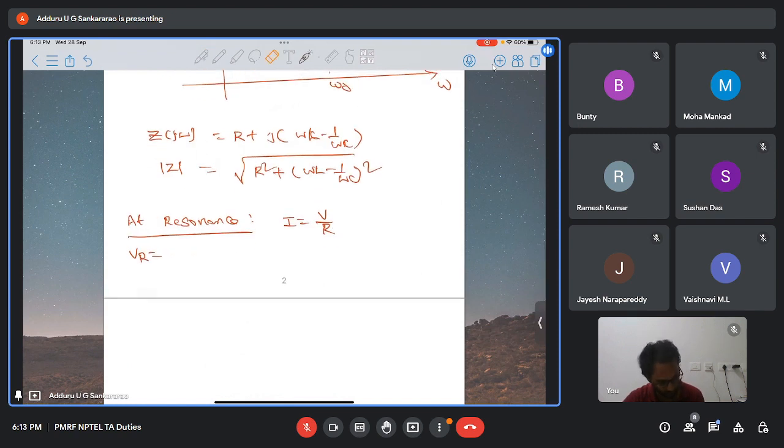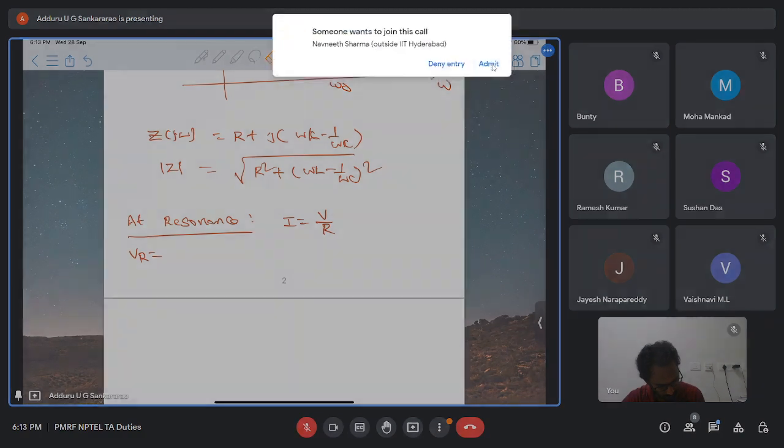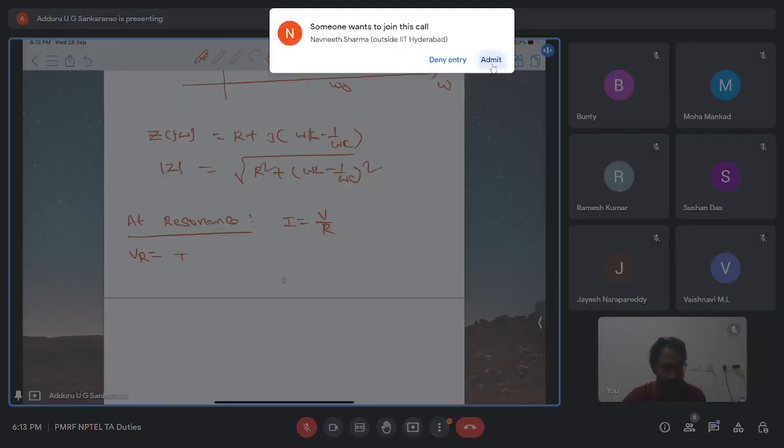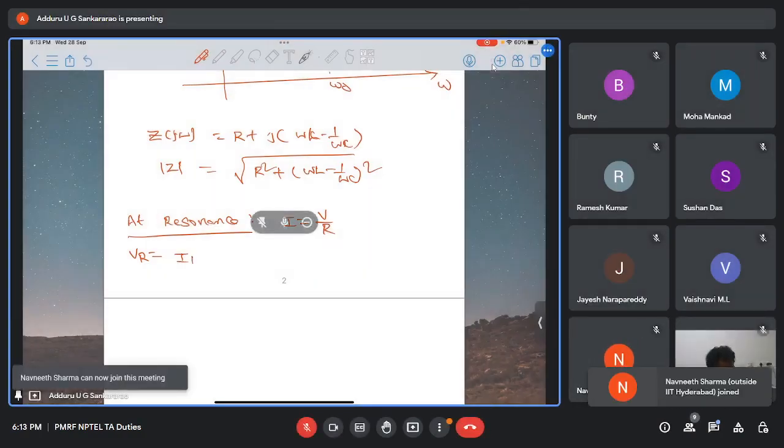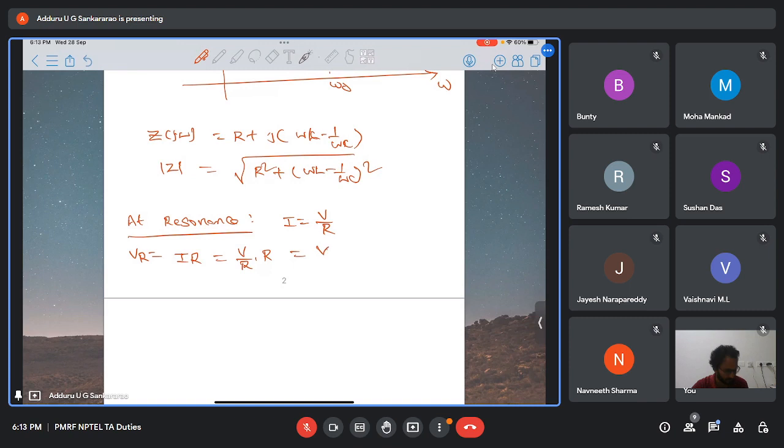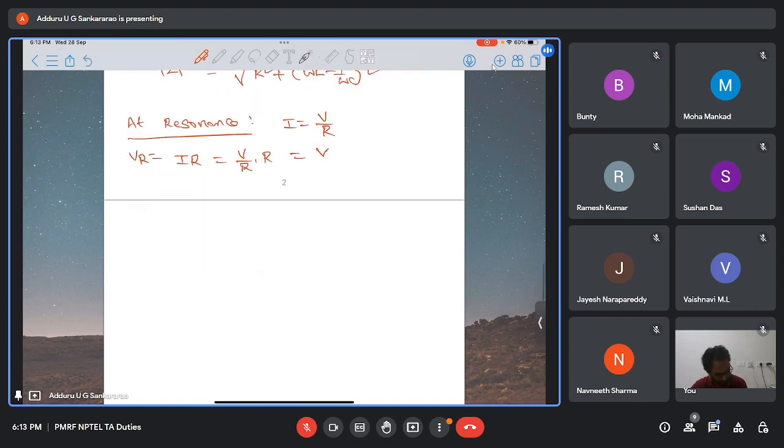Now the voltage across resistance is I into R, so V by R into R, that equals V. Voltage across resistance is V.